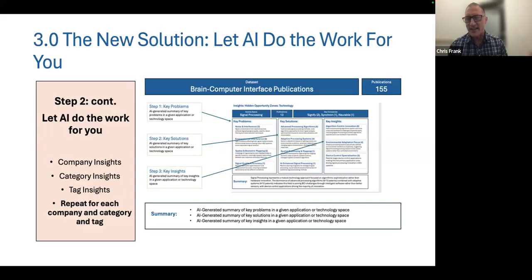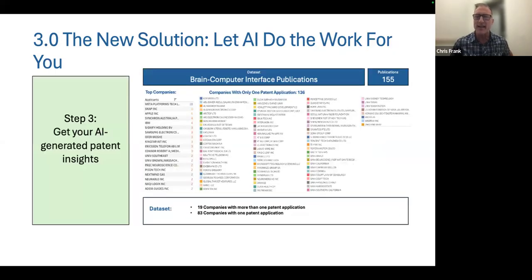And in this report, I haven't gone on a company by company basis, but if I had a data set where I cared about looking at individual companies, I could also apply this same approach on the company level as well. Okay. So AI doing all of this work for me, now all I have to do is look at it and decide what action my team might want to take.